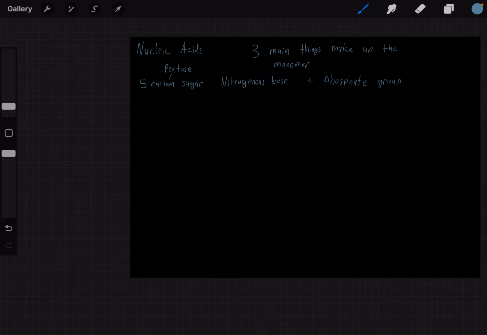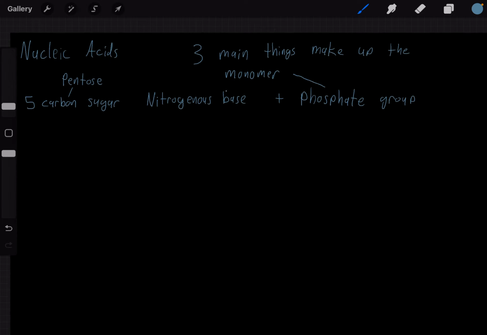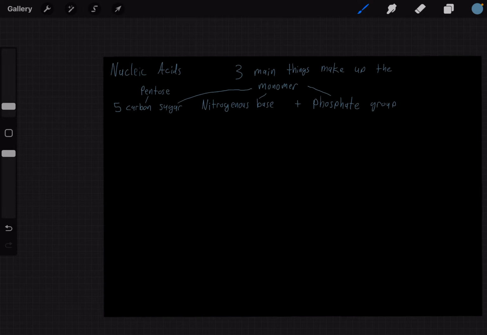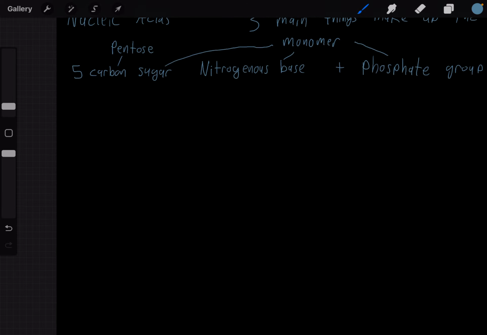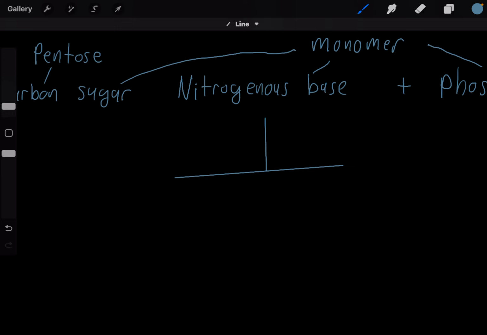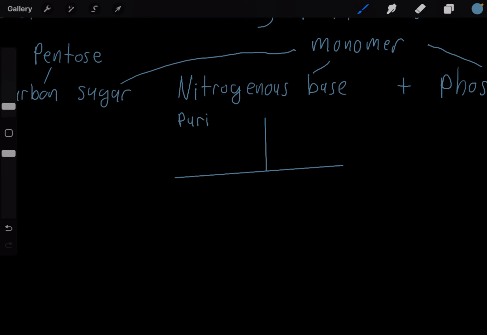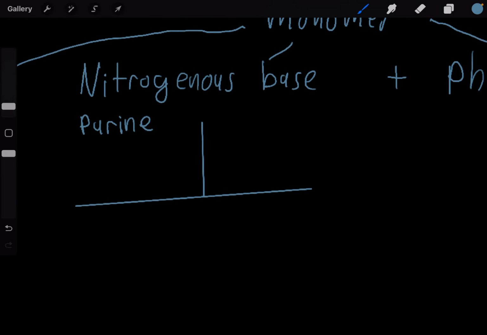Those are the three things that make up your monomer. Not the polymer, but the monomer. Now, for the nitrogenous base, there is stuff to know. You have a purine, and you have a pyrimidine.